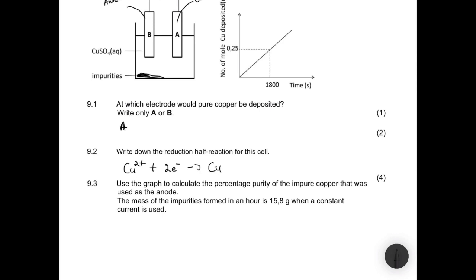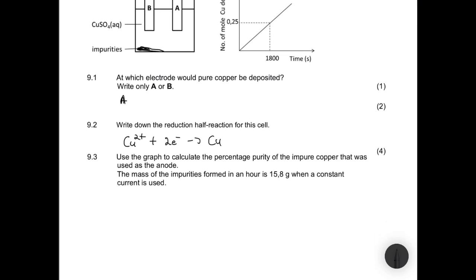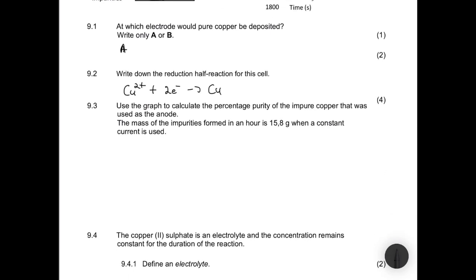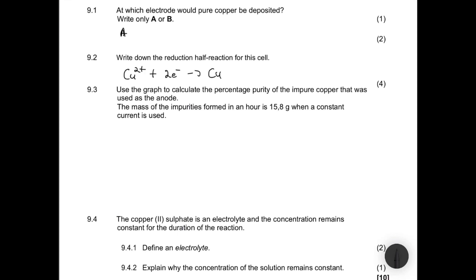That's our reduction half reaction for this cell. Now let's move to 9.3. 9.3 says use the graph to calculate the percentage purity of the impure copper that was used as the cathode. The mass of the impurities formed in an hour is 15.8 grams when a constant current is used.